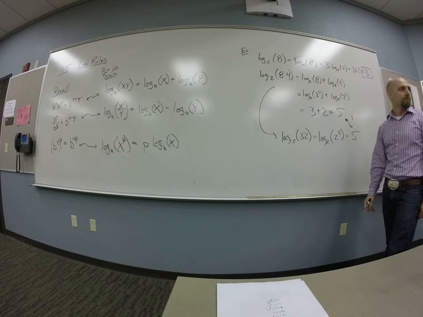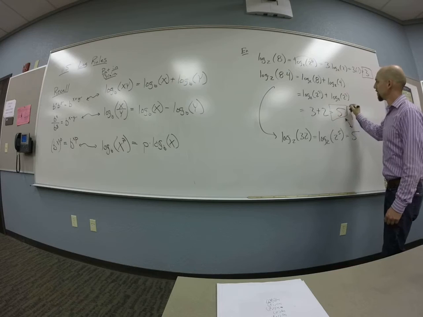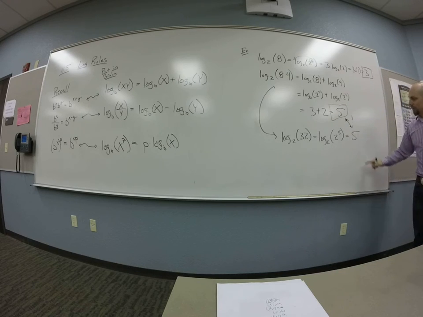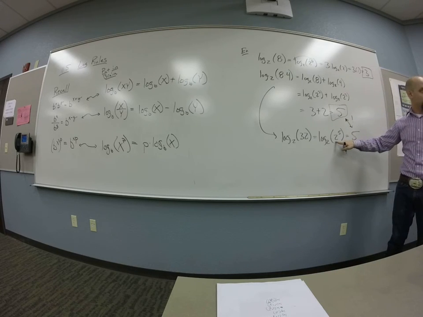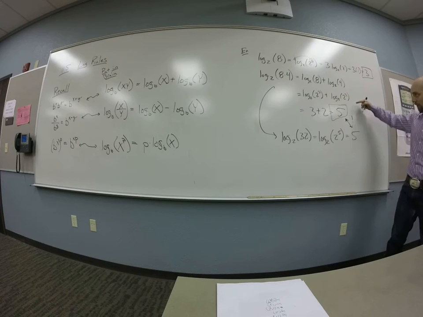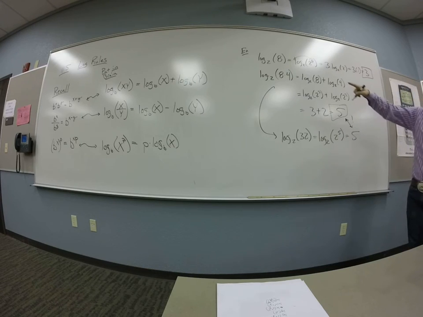And what other rule is that? So this is just canceling of logs, right? The log base 2 and raising things to the 2 undo one another. In this other rule, I use just the first rule, right? The log of a product is the sum of the logs.